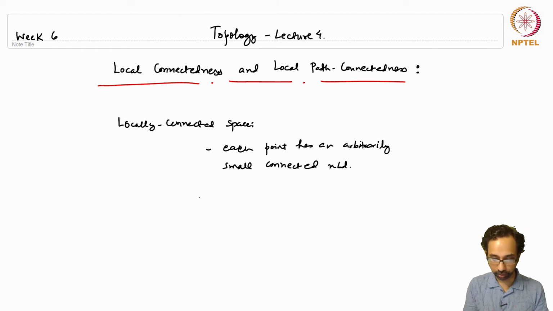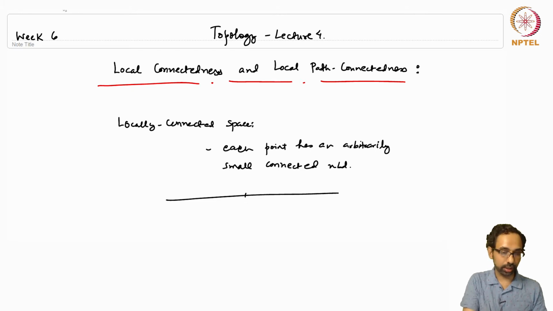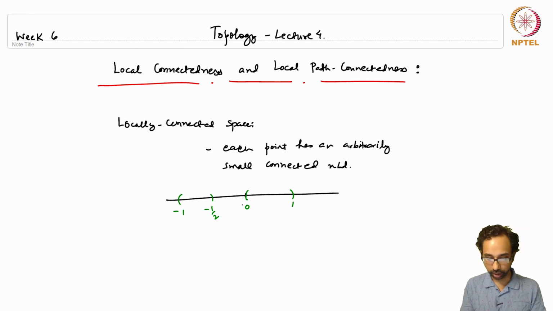So for example, if you take the real line and say you take the interval 0, 1 and let's say -1, -1/2, something like this, then this is not a connected space, but it is locally connected, because if you take any point in any of the intervals, you can take an interval small enough which is connected.